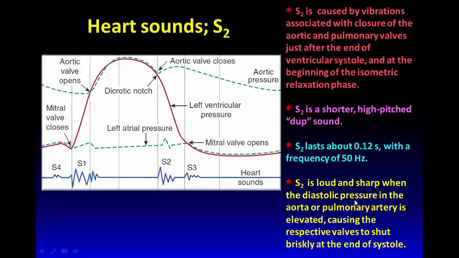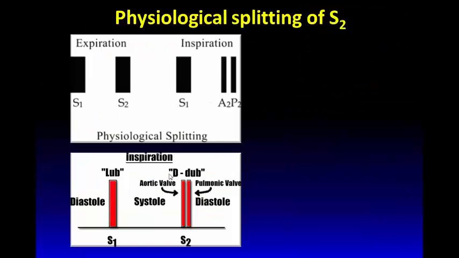This is because the elevated diastolic pressure in the aorta or in the pulmonary artery causes the respective valve to shut briskly at the end of ventricular systole and at the beginning again of the isometric relaxation phase of diastole.